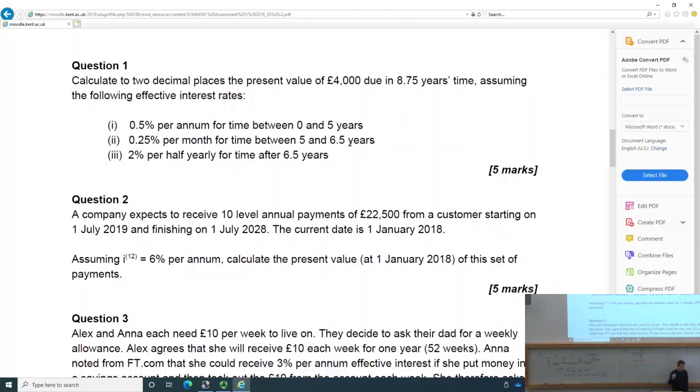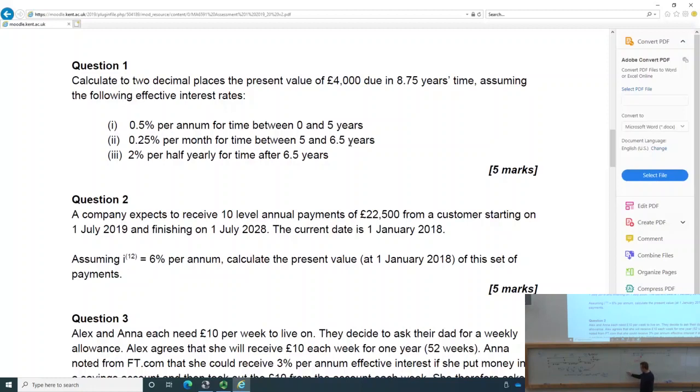So what are we going to do with that then? These nominal rates, to make them useful for discounting and accumulating, which is what we're doing here, we need to turn into an effective rate.